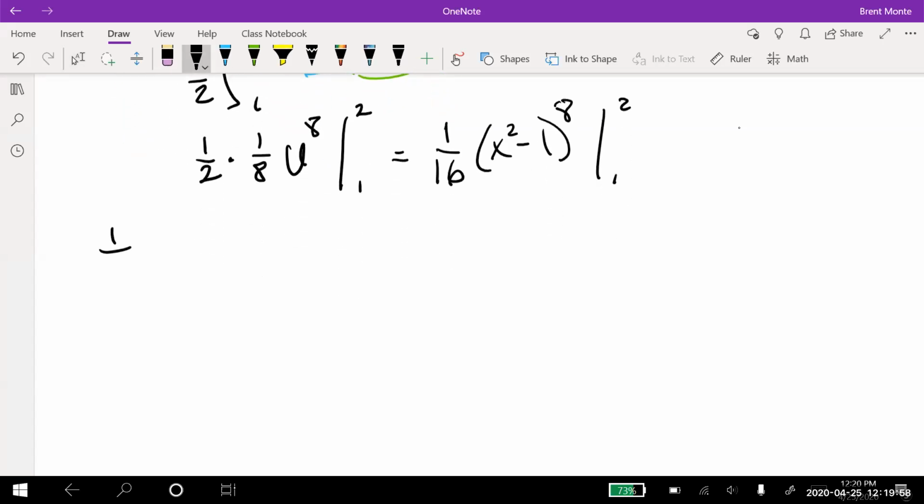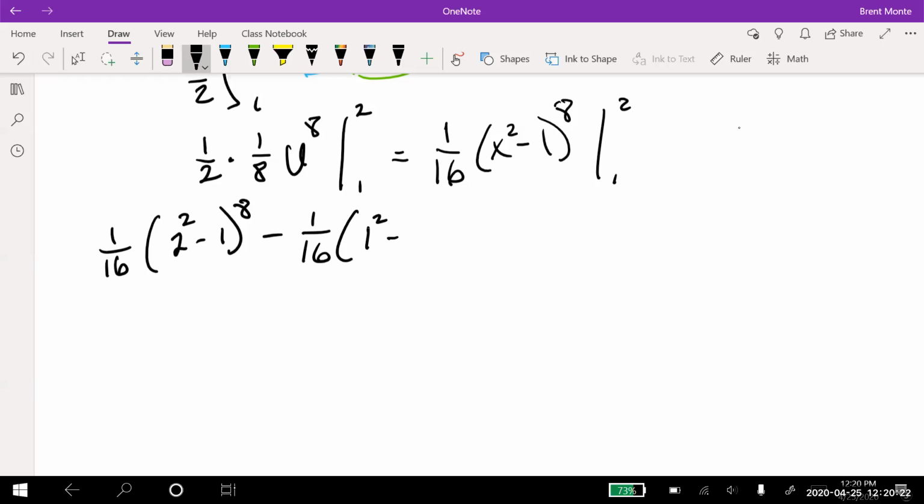Now the 1/16, you have your choice. You can just leave it on the outside and then plug in the 2 and plug in the 1. I'll just do it all at one time. So I plug in the 2, minus, then I plug in the 1. That's where I said the 1/16. You can just do 1/16 times the whole thing. I just find sometimes students forget to distribute the 1/16. So if I put it here, they usually don't forget.